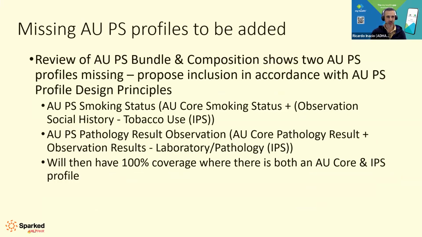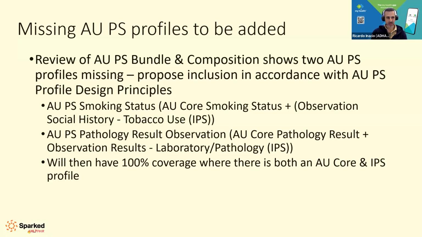There's a note here about missing AUPS profiles to be added. So I reckon at this stage, this is probably more for everybody's information than anything. The review, and we'll have an opportunity to talk a little bit more about this later on in this meeting.